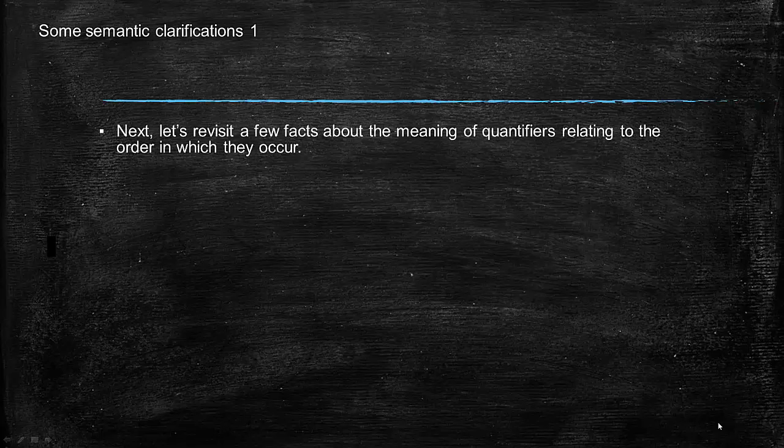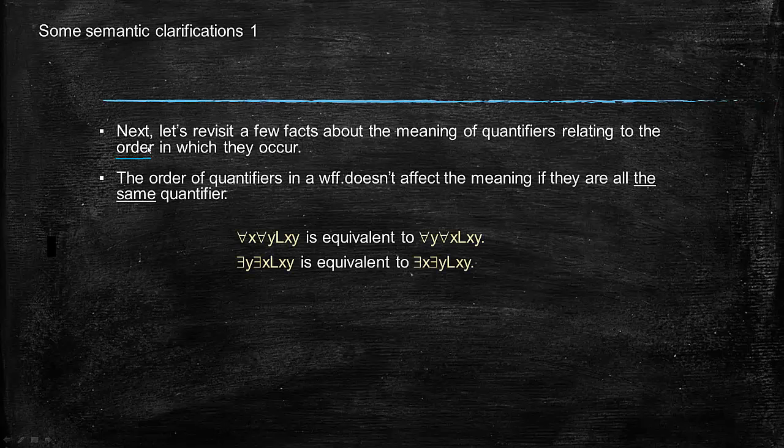Let's also just remind ourselves of a few facts about the meaning of quantifiers that relates to the order in which they occur. So we said this a long time ago, so let's just say it again.